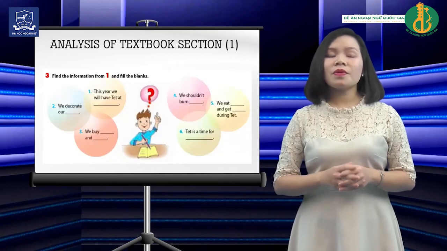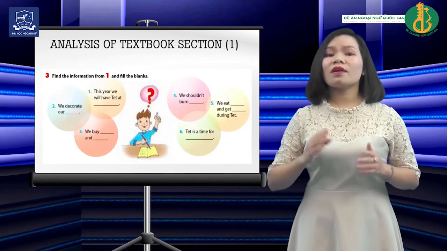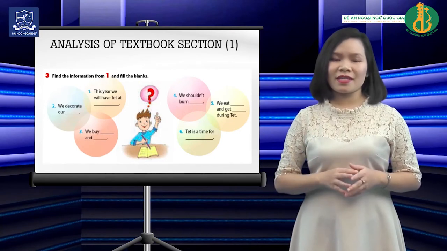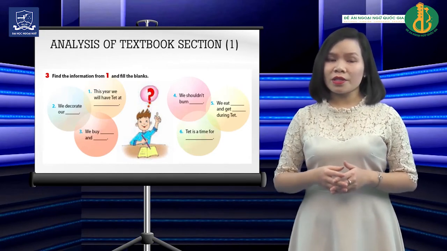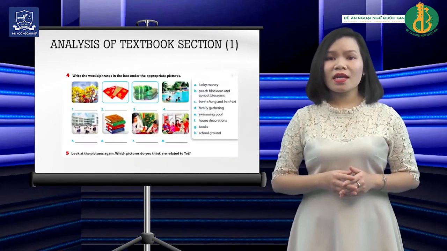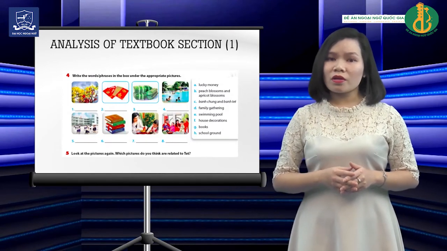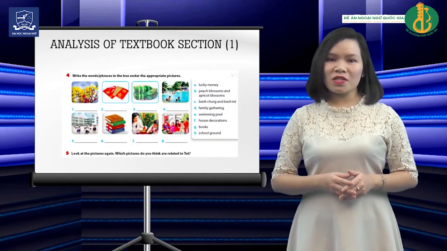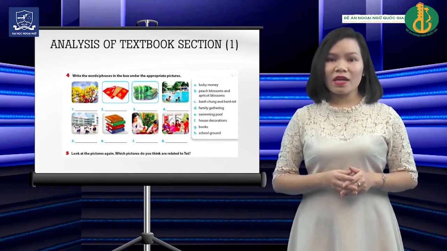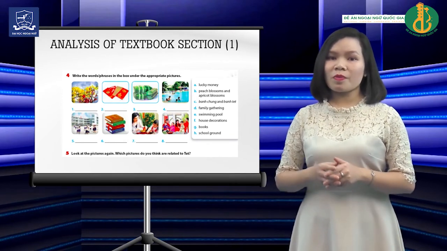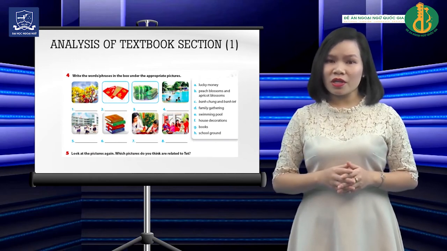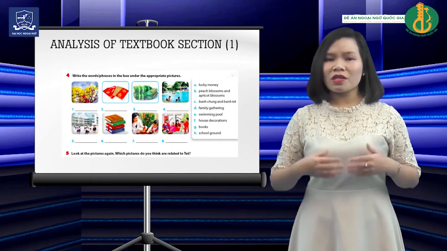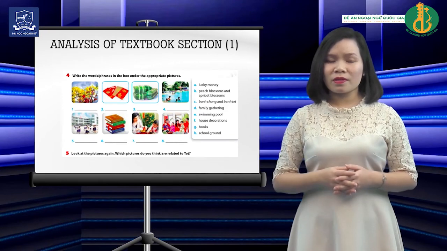Like exercise 2, exercise 3 is a highly controlled practice. It presents the vocabulary from the interview, which is closely related to the TED holiday topic. Next, exercise 4 is also a controlled practice. Students will have to match the words and phrases with the appropriate pictures. Some words and pictures are not related to the unit topic that have just been introduced in the previous part.